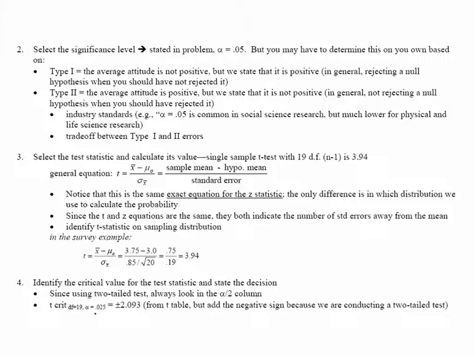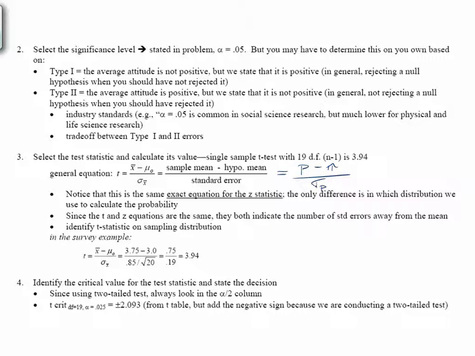This is translatable into proportional terms as well, where the sample mean would become the sample proportion, the hypothesized mean would be the population proportion, and the standard error would be the standard error of the proportion.